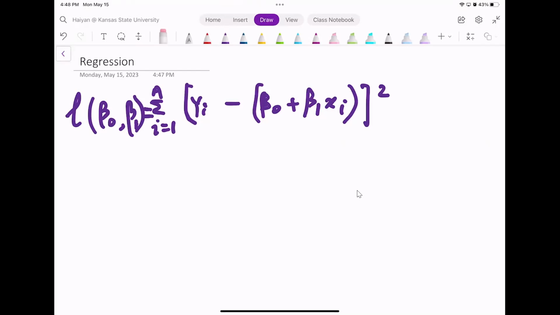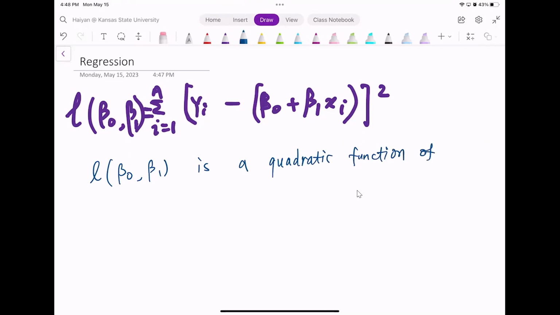And to minimize that, here L of beta 0, beta 1 is a quadratic function of beta 0, beta 1.